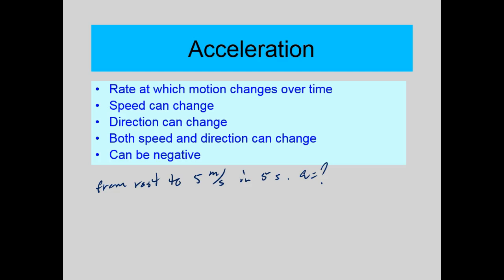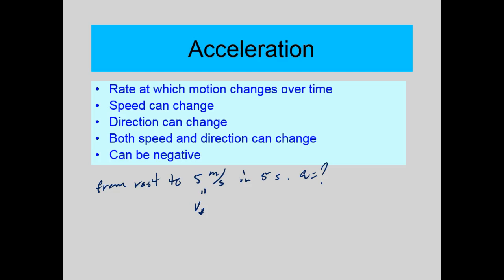Do you think that's going to be your final velocity or initial velocity? It says from rest to that, so this will be final. Now, what in the world does rest mean? Rest is not moving, right? Exactly.